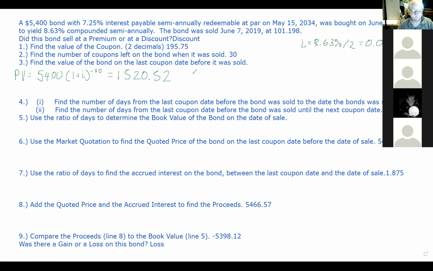And then we need to find the present value of the coupons. So present value equals, and the coupon we've worked out to be 195.75, times 1 minus 1 plus i to the power of negative 30, all over i.